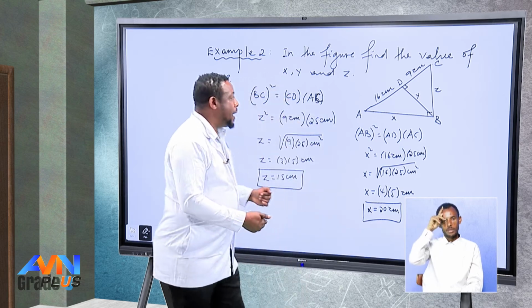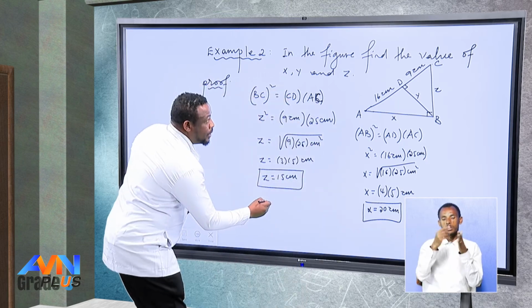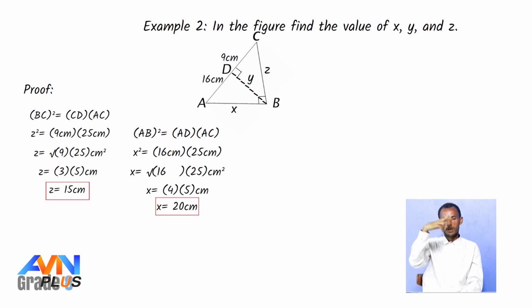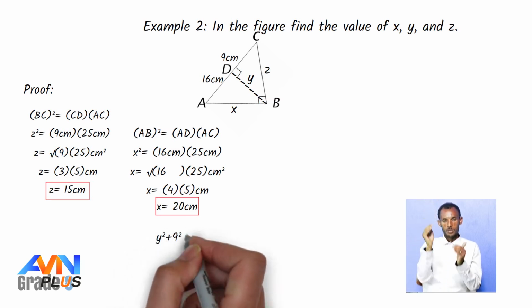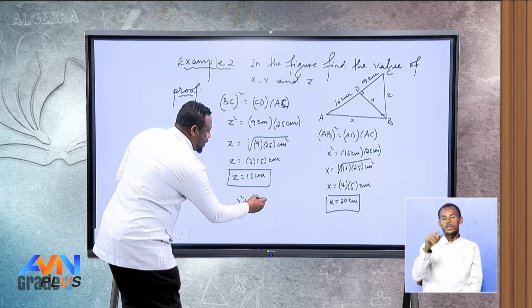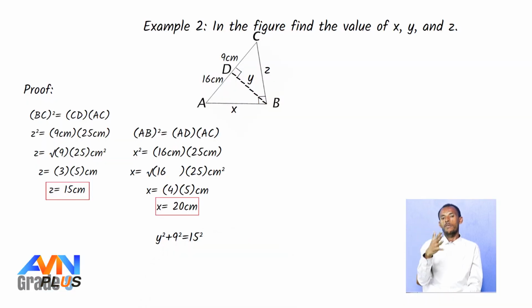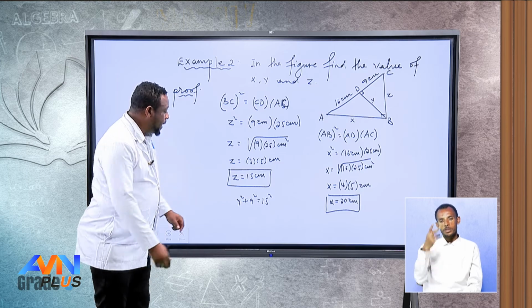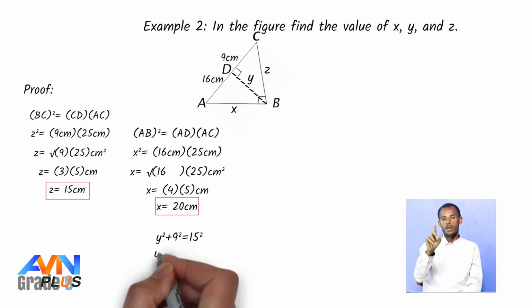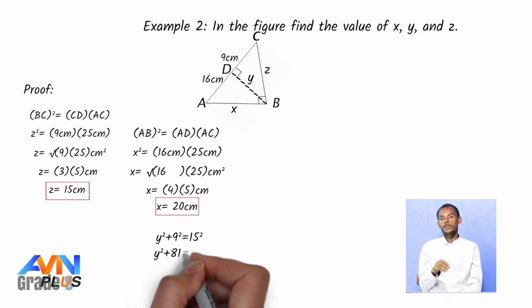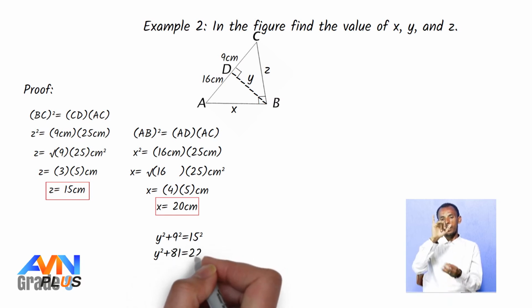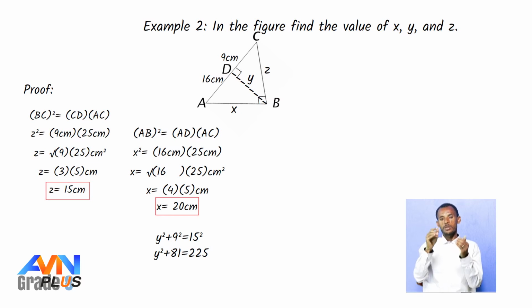Okay, so this gives us y square plus 9 square is equal to z square, which is 15 square. The square of 9 is 81. So y square plus 81 is equal to 15 square, which is 225, right?